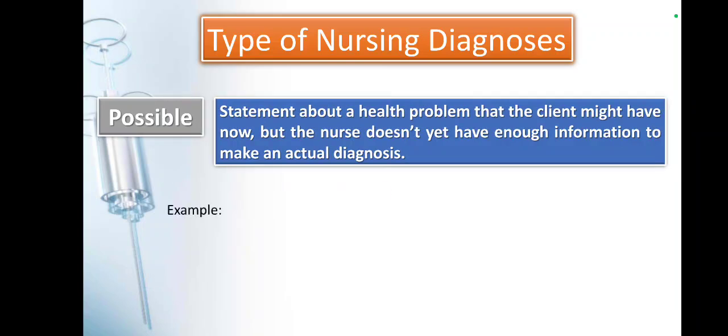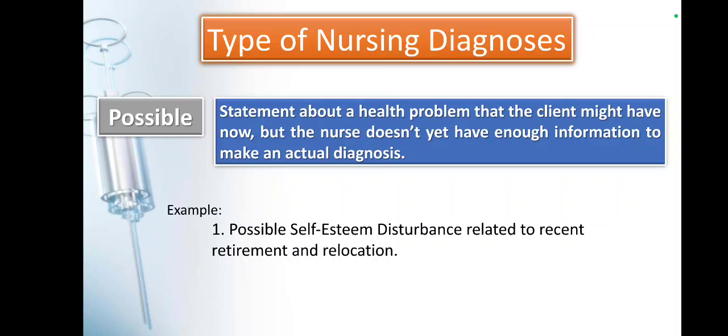This type of nursing diagnosis is a statement about a health problem that the client might have now, but the nurse doesn't yet have enough information to make an actual diagnosis. So for example, when you are in an ER or emergency room setting, of course, you have to be fast.